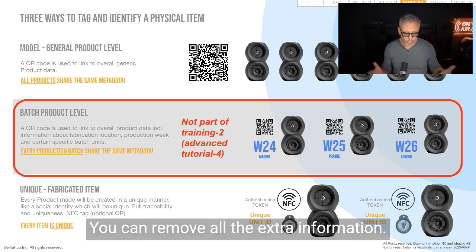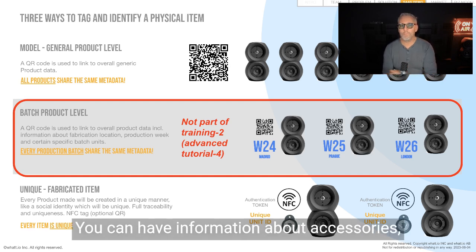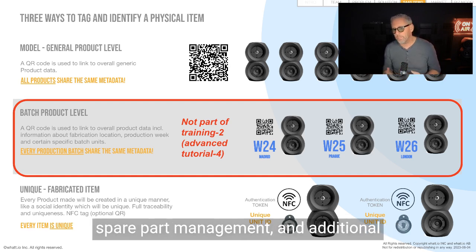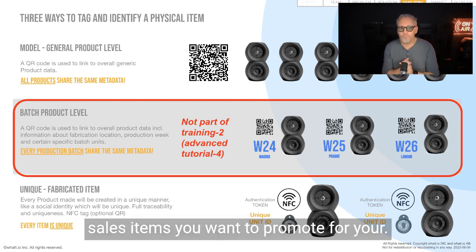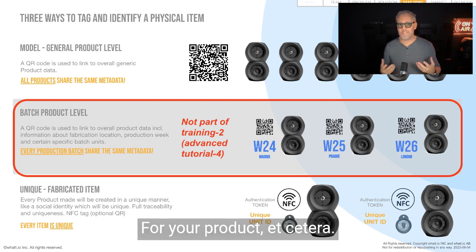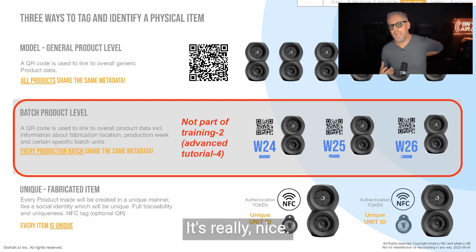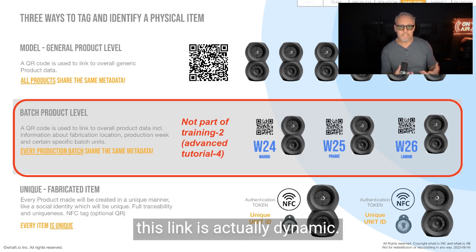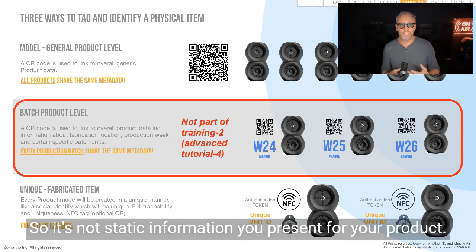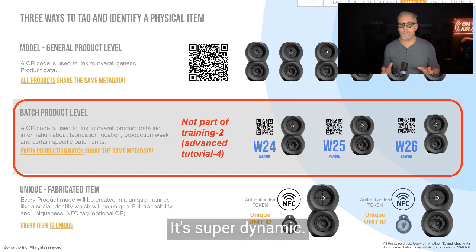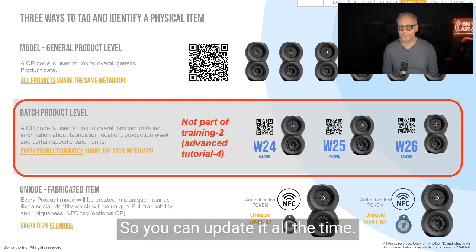You can remove all the extra information. You can have information about accessories, spare part management, additional sales items you want to promote for your product, etc. It's really nice. And with the help of What.io, this link is actually dynamic. So it's not static information you present for your product. It's super dynamic, so you can update it all the time.